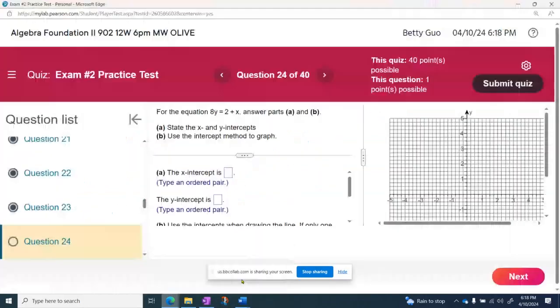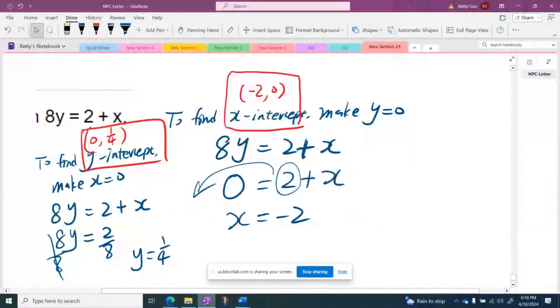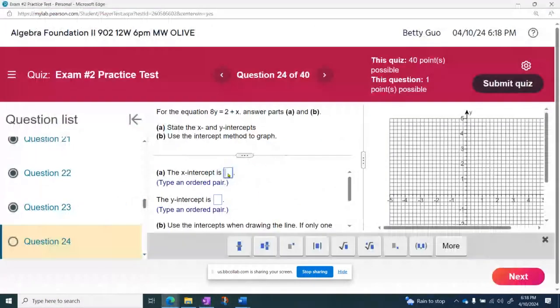Let's enter the values in the question. I have -2, 0, type an ordered pair. So we have here the option to choose, and -2, 0, and y-intercept, this one, 0, 1/4, right?